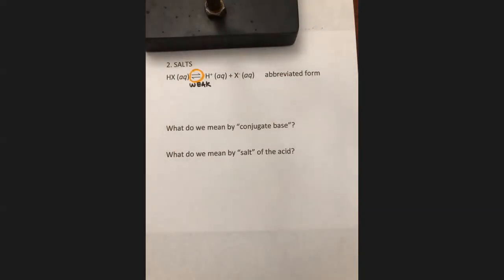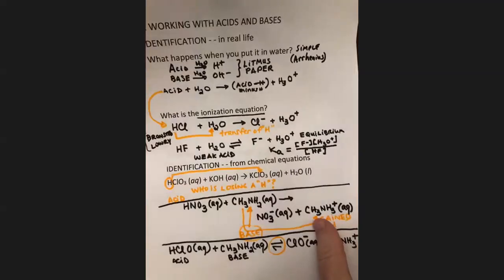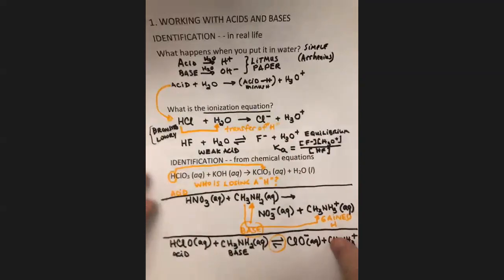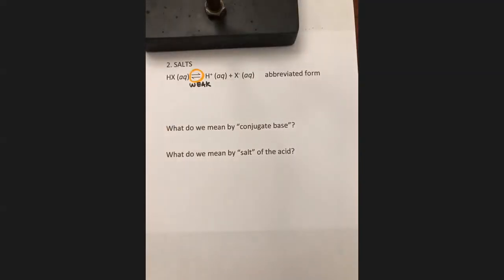All right? So again, train your eyes to identify these features when you look at chemical equations. So whether we do it in the long form, like we did here for HF, or in this abbreviated form, the double arrow is one of the clues, the hints that we are dealing with a weak acid.